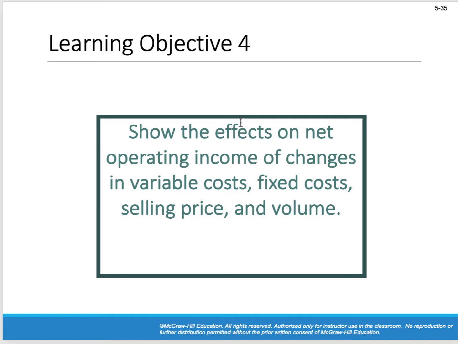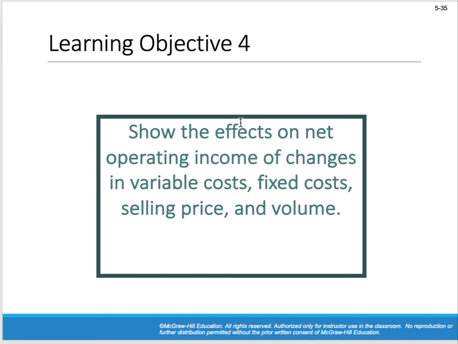We also defined fixed costs, and we said fixed costs in total remain constant, again, as long as we're within that relevant range. However, on a per unit basis, fixed costs have an inverse relationship to levels of volume.